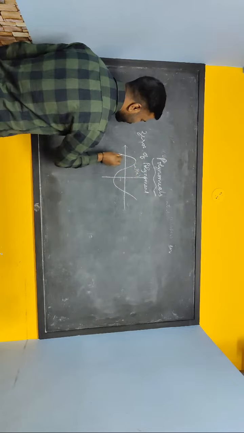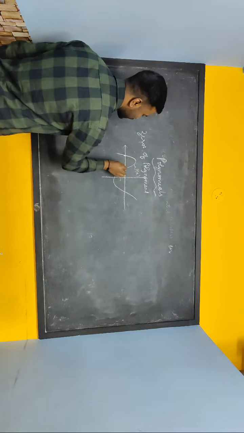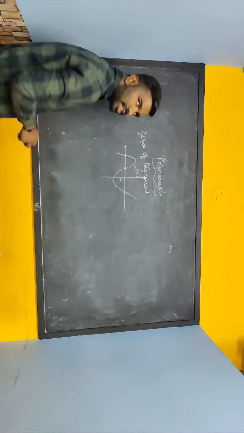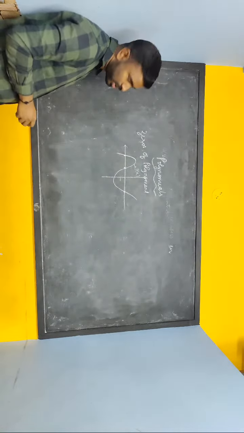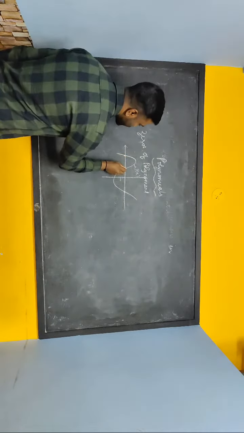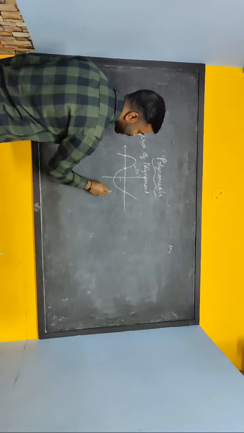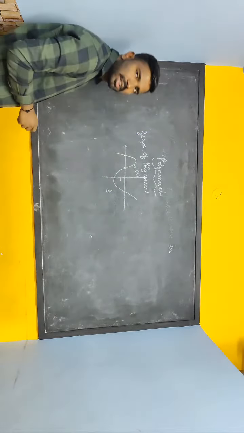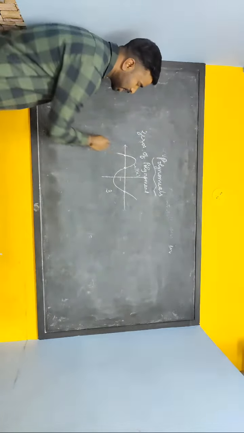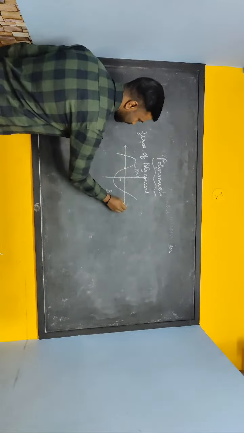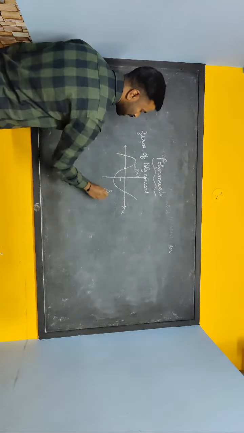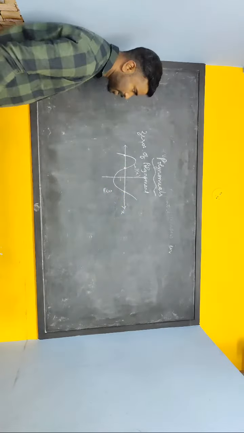Here, the polynomial p of x touches the x-axis at 3 points. How many points? 1, 2, 3. That means number of zeros is 3. The number of points at which the given polynomial touches the x-axis is called as what? The number of zeros.